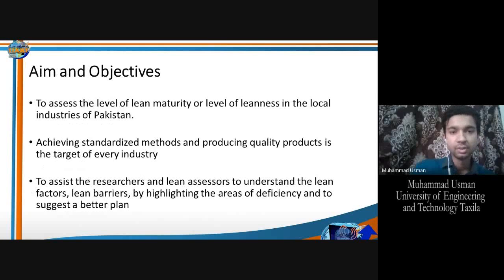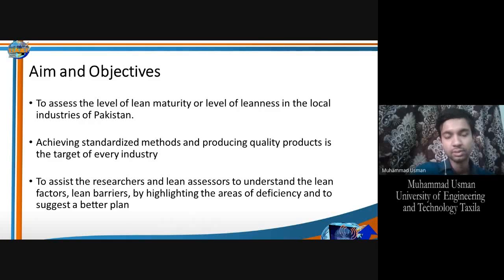Aims and objectives. The main aim is to assess the level of lean maturity, or level of leanness, in the local industries of Pakistan. In Pakistan there are industries, but they are not state of the art. Most of the production is based on imports of work in process parts, and these are assembled and distributed.